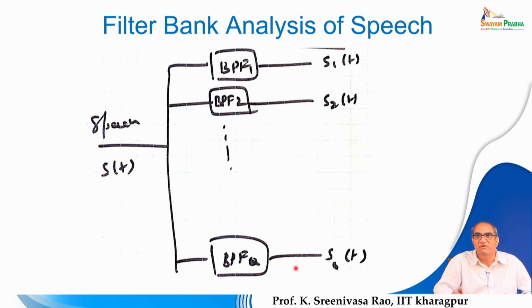This feature vector represents the distribution of energy in different frequency bands, and it can be used for discriminating sounds in speech recognition, for discriminating speakers in speaker verification or speaker identification, and for other applications such as emotion recognition or language identification.